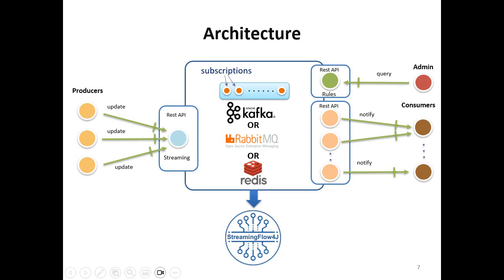In the middle of this, of course, we have StreamingFlow4J with our wrapper for the Esper engine, operating in the middleware pipelines. In the next example I showed before, I used RabbitMQ, but in this example about big data, I use Kafka.